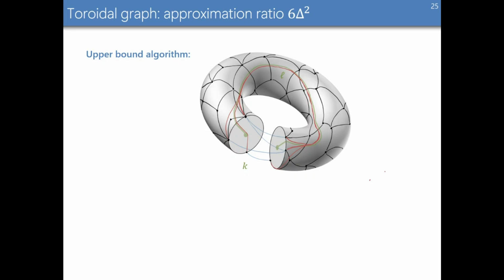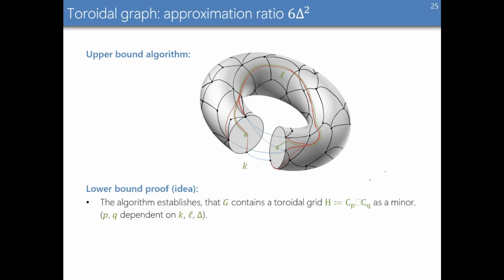So how many crossings am I going to get? Well, if I cut k edges, and the length between this face and this face is L, then I'm now producing somewhat like k times L many crossings.